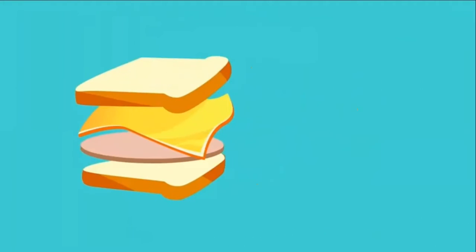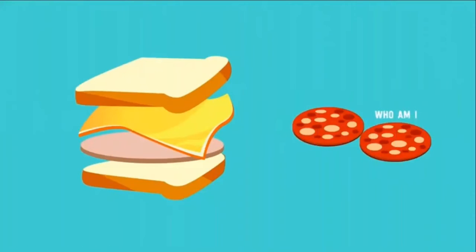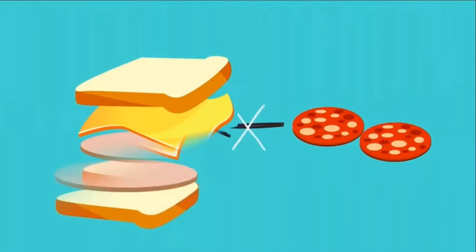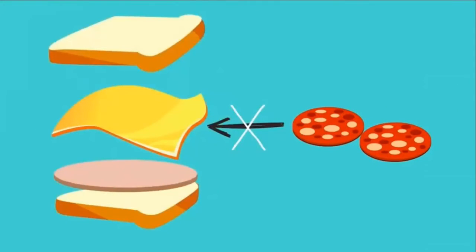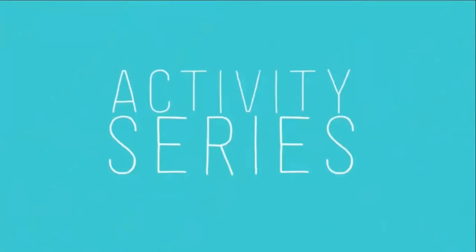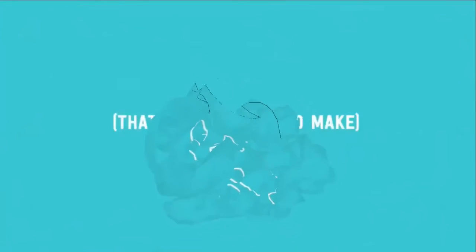So let's say instead of lettuce, you saw tomatoes, and you don't like tomatoes. If you like the cheese better, it just makes no sense to switch up the tomatoes with the cheese. It's just kind of like how an activity series works, but that's just a lesson for another video that I'm not gonna make.